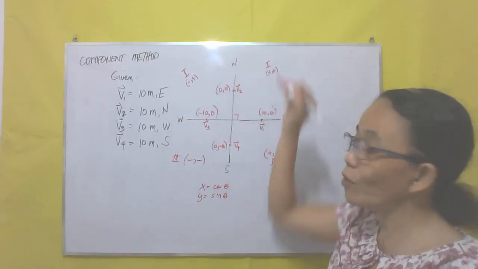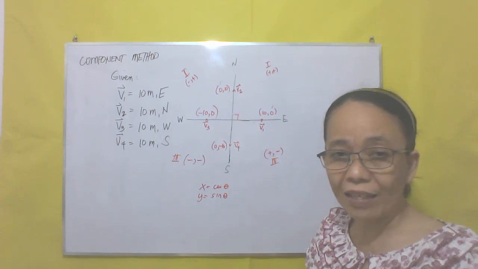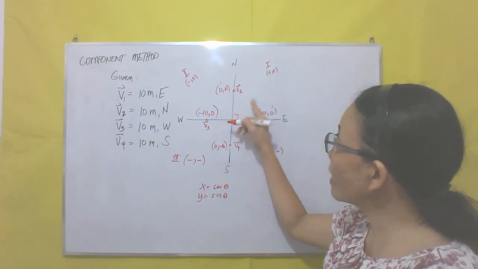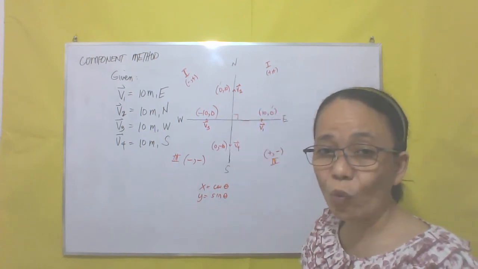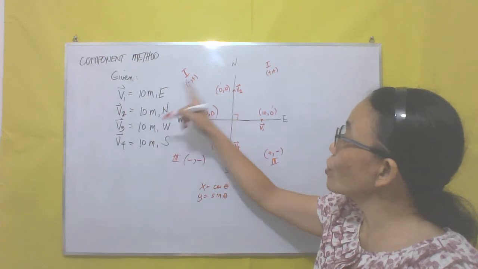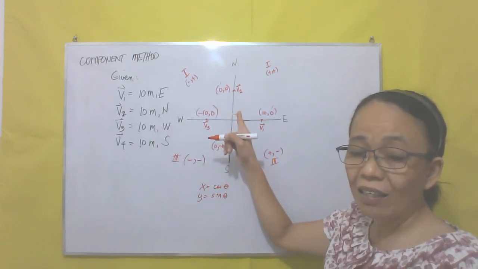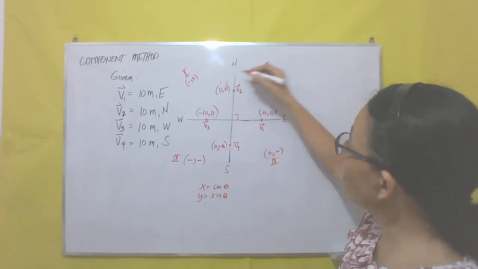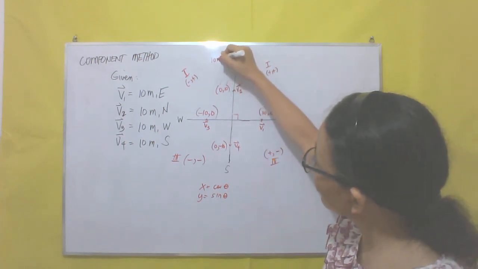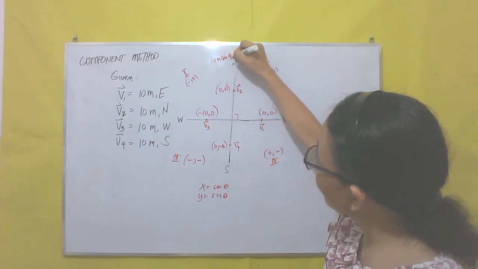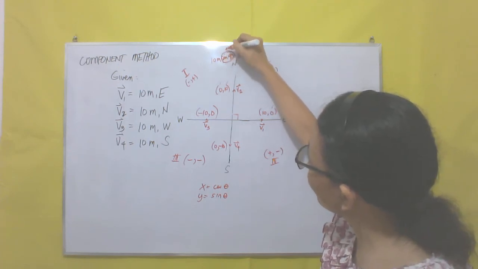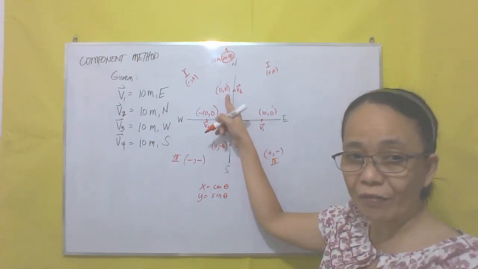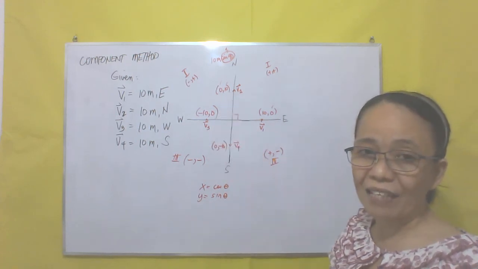So we have a 0 component along x. Then how about for y? We have sine 90. Sine 90 is 1, so 10 meters times sine 90 is 10. Therefore, for the y component, we have positive 10.